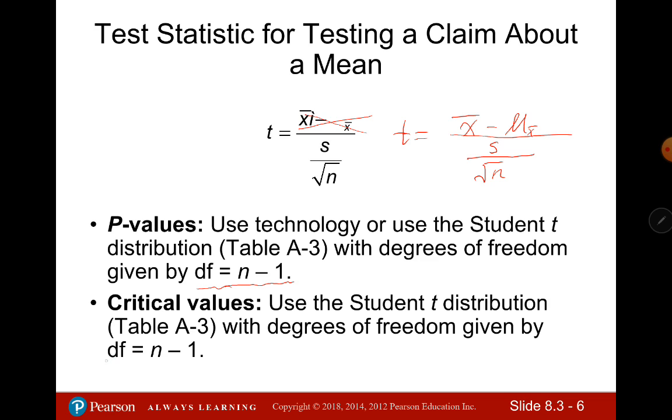The same rule applies when we check the critical value or the p-value: every time we use the t-table, we always need to know the degrees of freedom. It's not like the z-table, where you do not need the degrees of freedom. But for the t-table, you always need them.